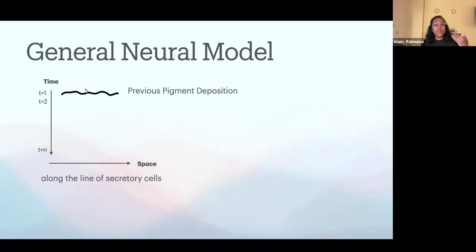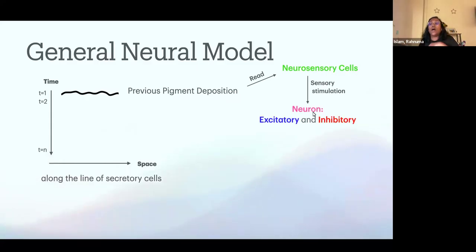Suppose this is the previous pigment deposition. The neurosensory cells will read that and send the stimuli to the neurons. We have two types of neuron, excitatory and inhibitory. For the stimuli that they receive from neurosensory cells, we use the function WE for excitatory and WI for inhibitory.